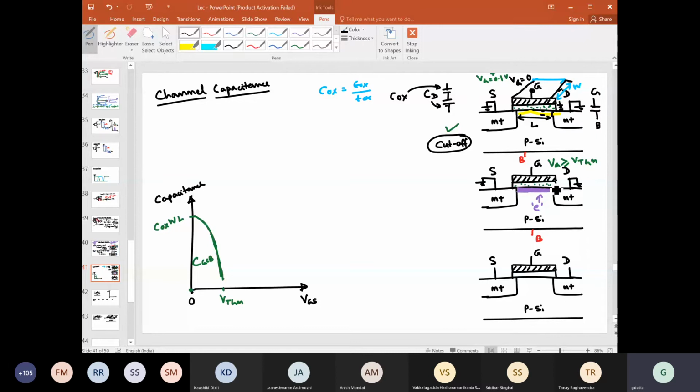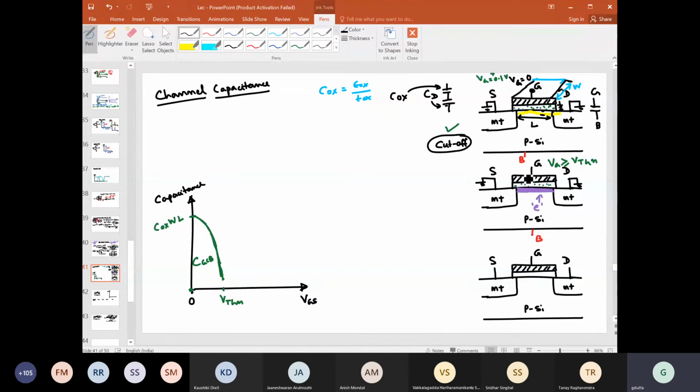You can see from here that once this channel is formed, the gate to body capacitance will disappear, right? Because once you have electrons here, and this same electron layer is connected with both the source and the drain, the presence of these electrons will shield the body terminal.